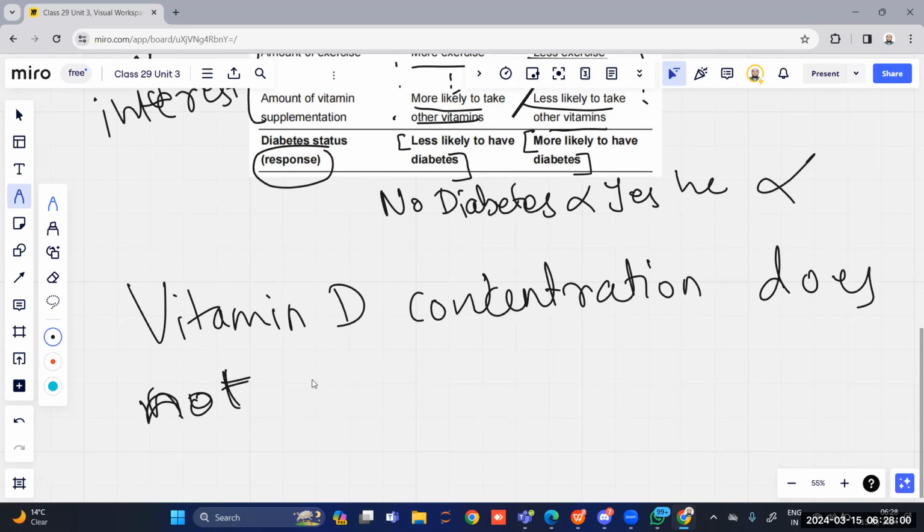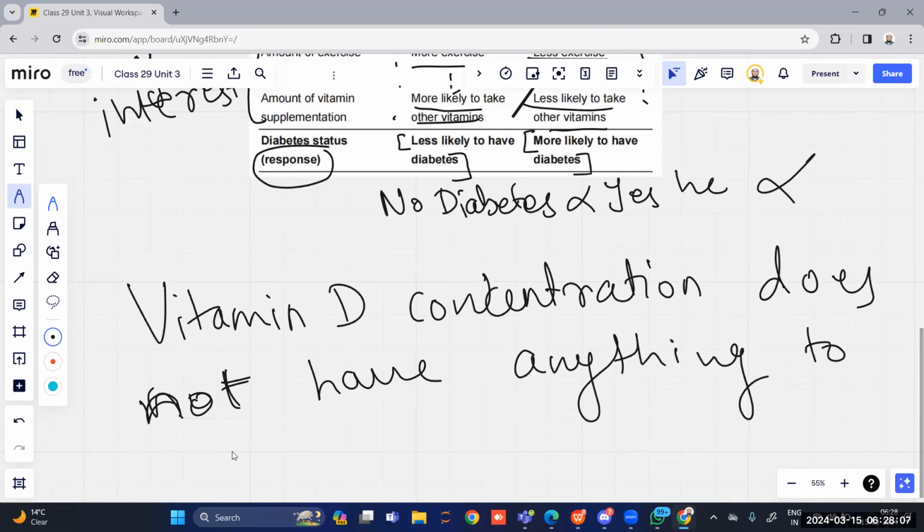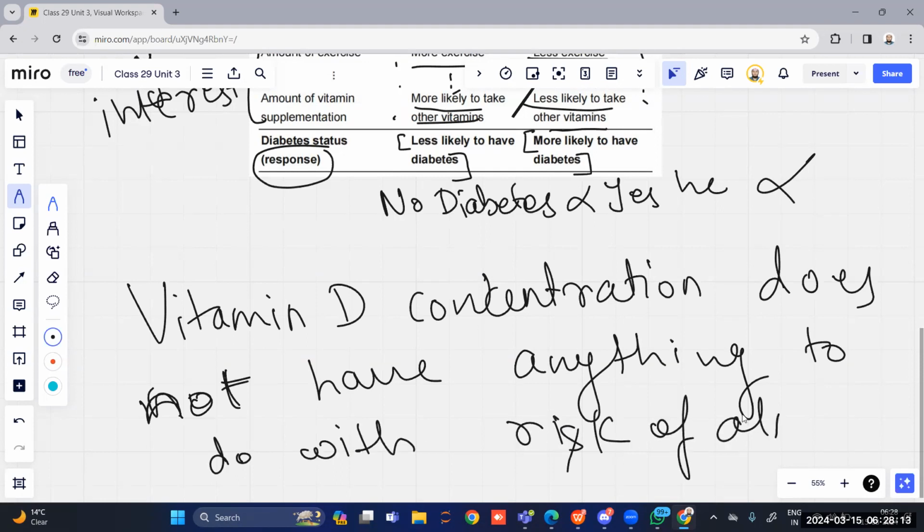Vitamin D concentration does not have anything to do with risk of diabetes.